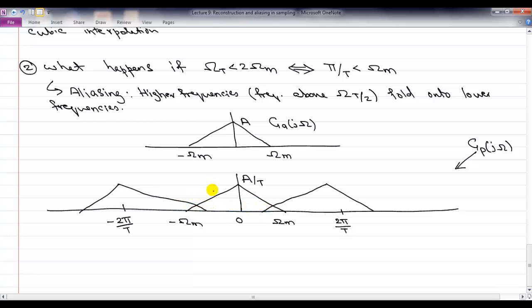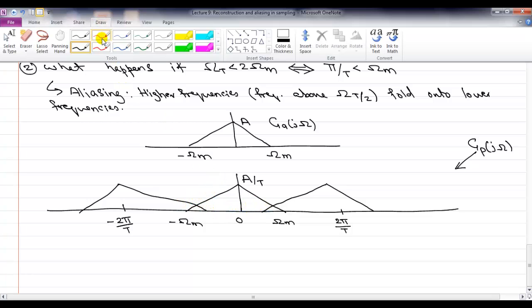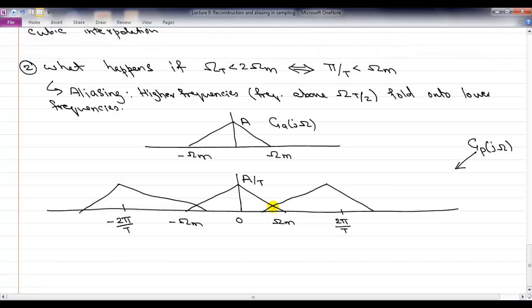And the point where the overlap will start happening will be precisely the folding frequency. This point will be exactly omega t over 2 equal to pi by t. And this point will be minus omega t over 2 or minus pi by t.